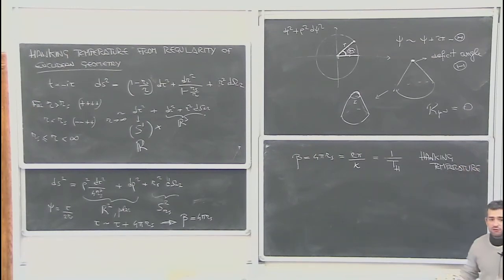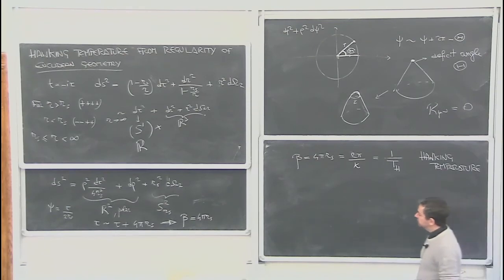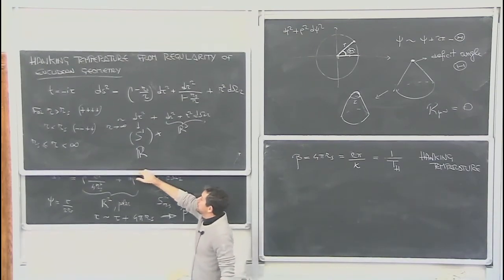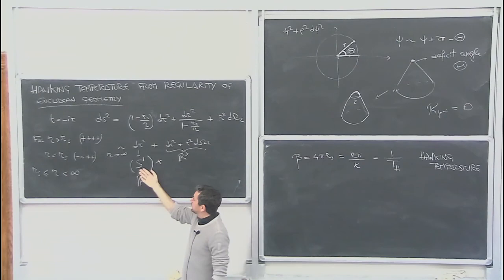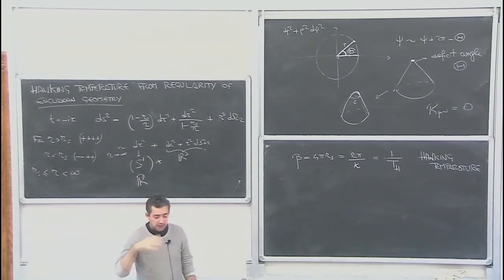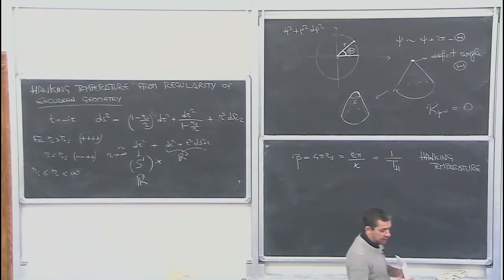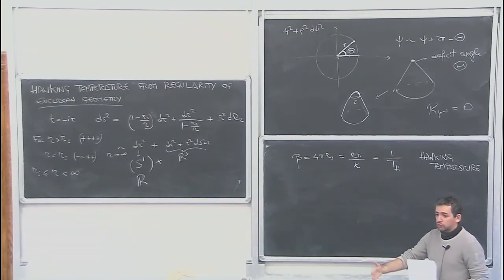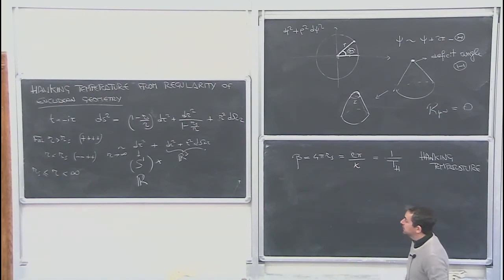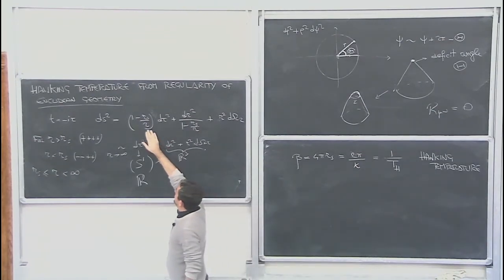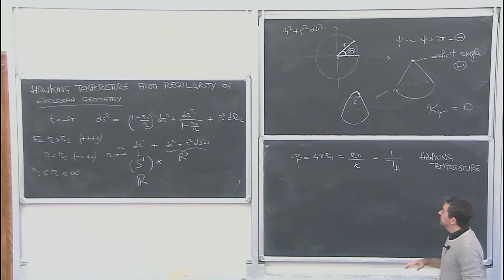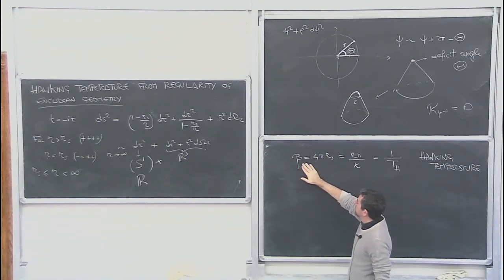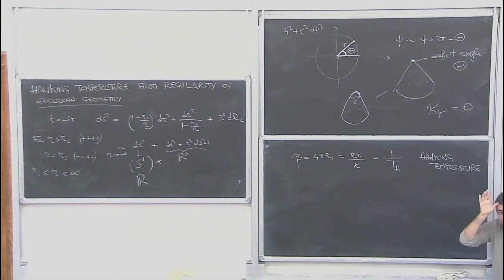So even if from infinity we may have wanted to keep the time direction not compact, or maybe we would have accepted to compactify it, but with any period beta, we are seeing that regularity of the geometry near the point where it caps off, that is near the point where r is equal to rs, requires that the time circle is compactified, and the length is precisely 1 over the Hawking temperature.